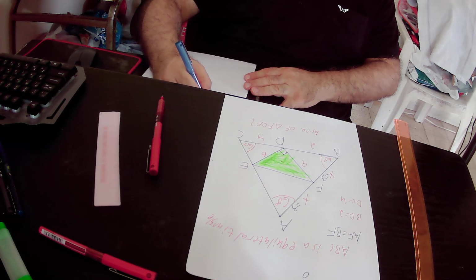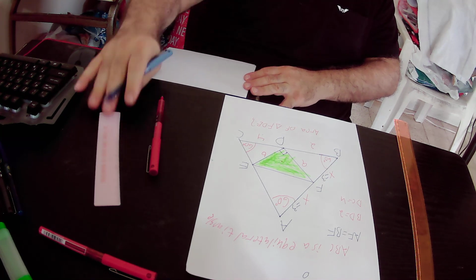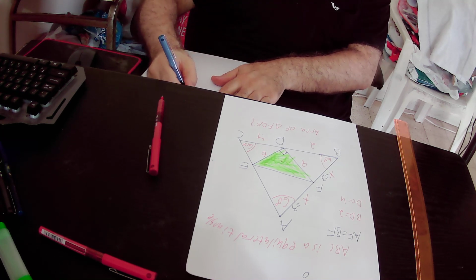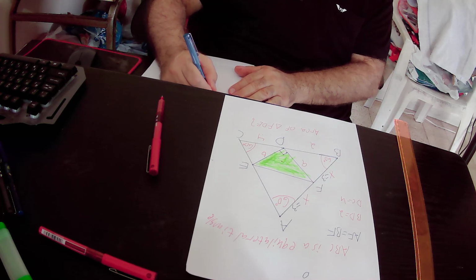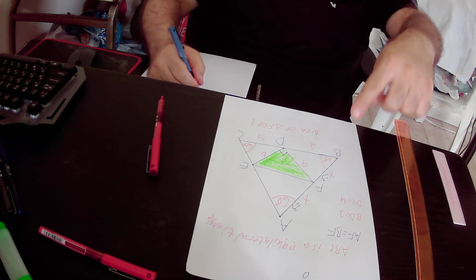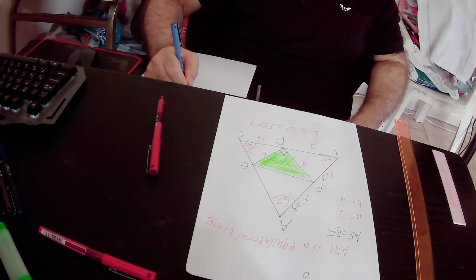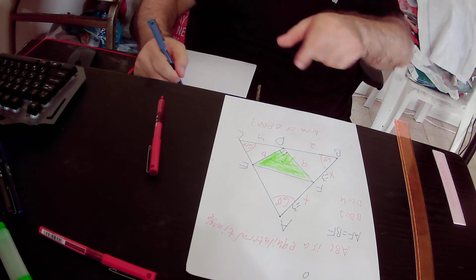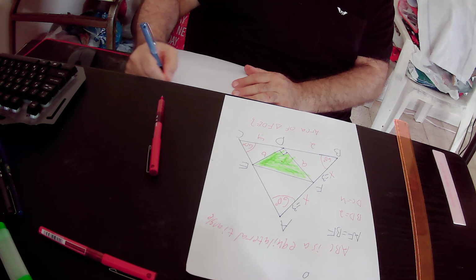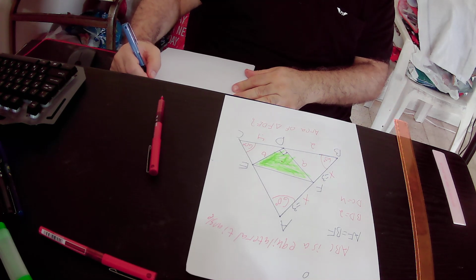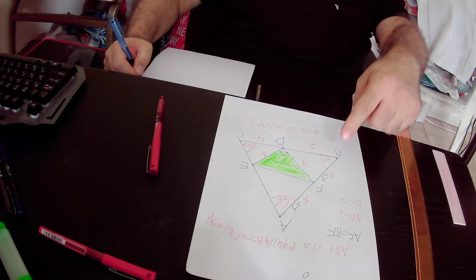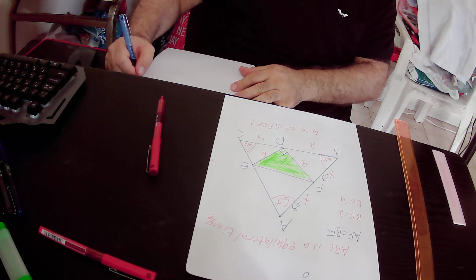So in the small triangle BFD, according to the law of cosines, FD square equals BF square plus BD square minus 2 times BF times BD times cosine 60 degrees.